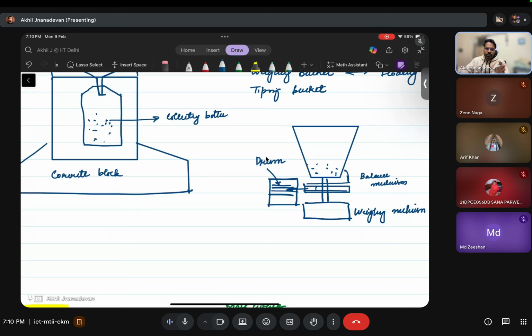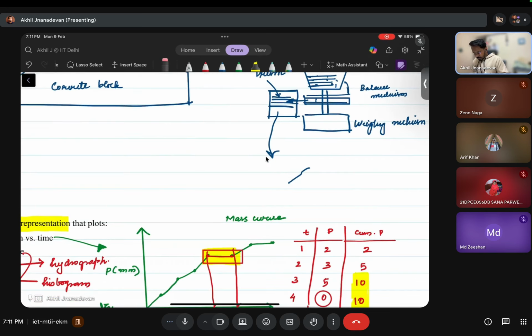It is calibrated in such a way that we directly get plots of the accumulated rainfall. If you could see the chart in this particular drum, this is the chart that the pen is drawing.